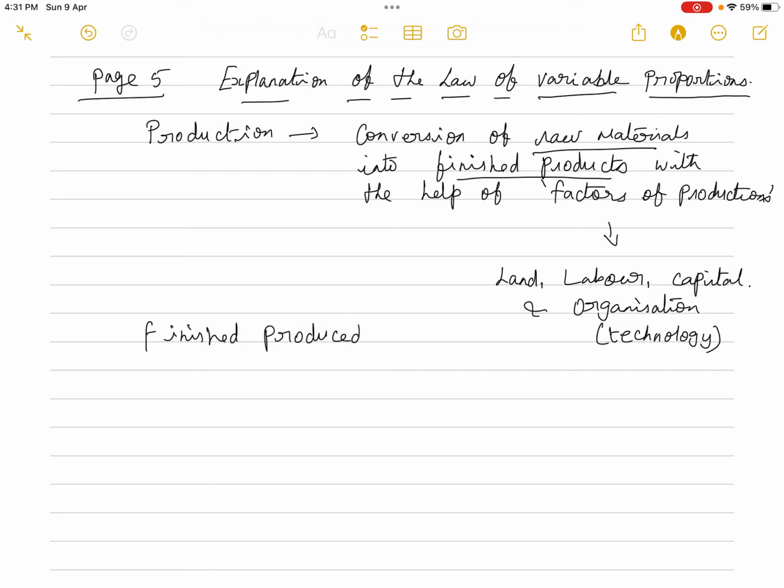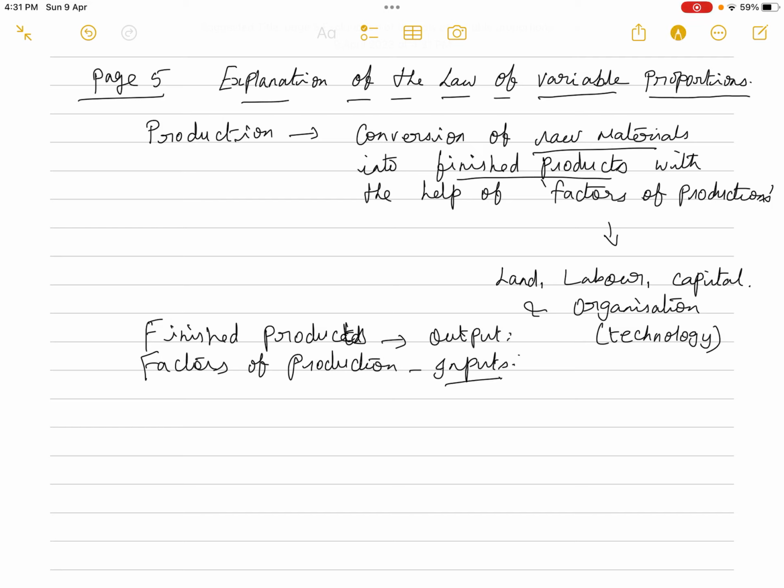Now the products that are produced with the help of these factors of production are called the finished products. They are called the output. The factors of production that help in the production are called the input.